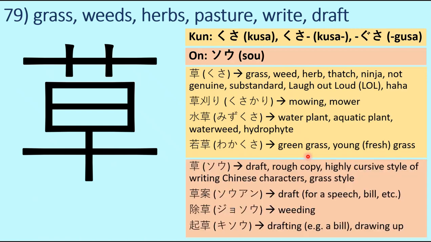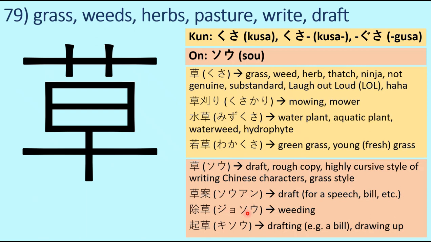The On'yomi readings, we have so, which means a draft or a rough copy, highly cursive style of writing Chinese characters, or the grass style, it is sometimes called. Then we have so-an, which is a draft for a speech, bill, etc. Then we have joso.